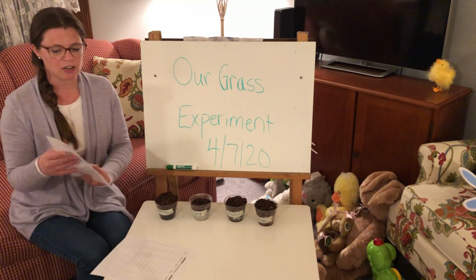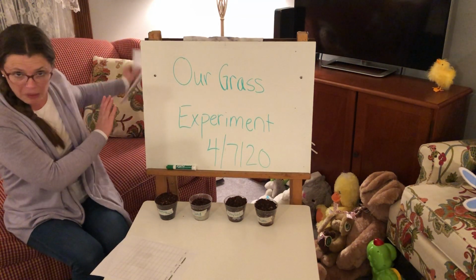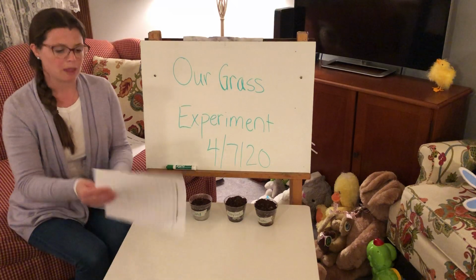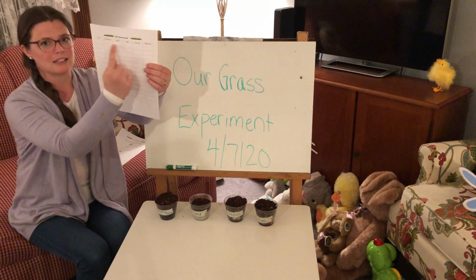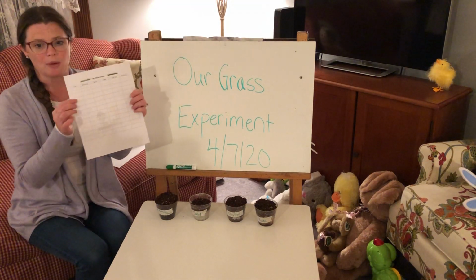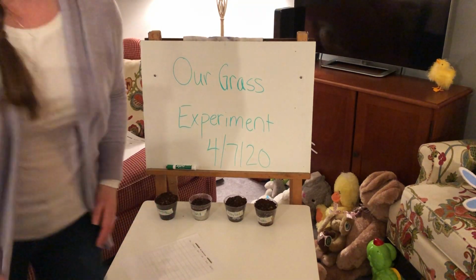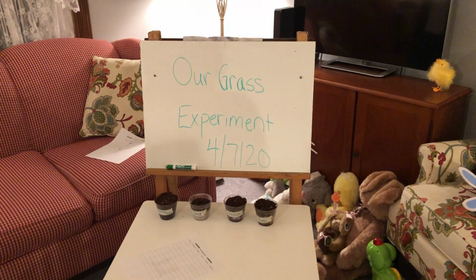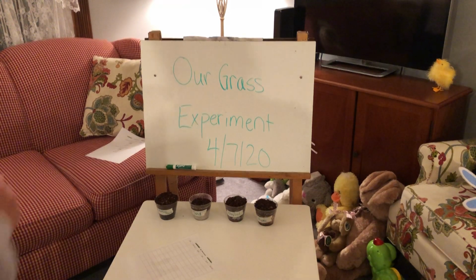Yesterday we filled out the hypothesis page, so we're going to put that to the side. We want this page with the big chart, and it says my observations up at the top. In the date column, I should have grabbed a pencil. Hang on. Okay.